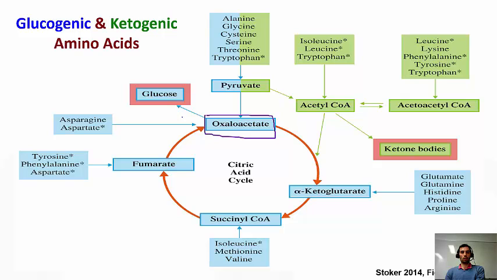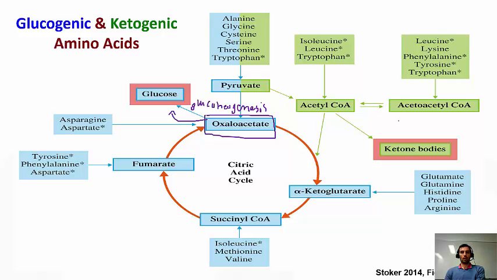The oxaloacetate is able to be converted into pyruvate, and the non-carbohydrate source of pyruvate can be used to create glucose via one of our processes we've talked about, gluconeogenesis. So this is actually why these ones in blue get their name. They're glucogenic because they can actually be converted back to glucose.